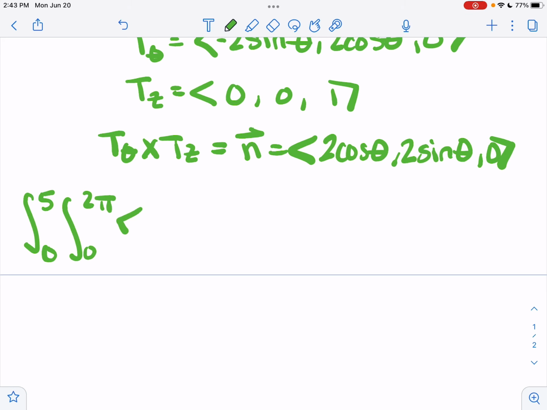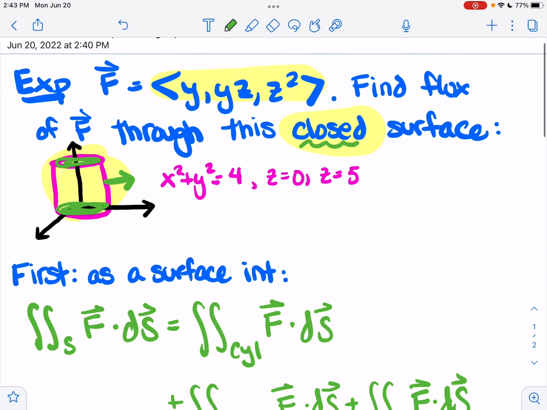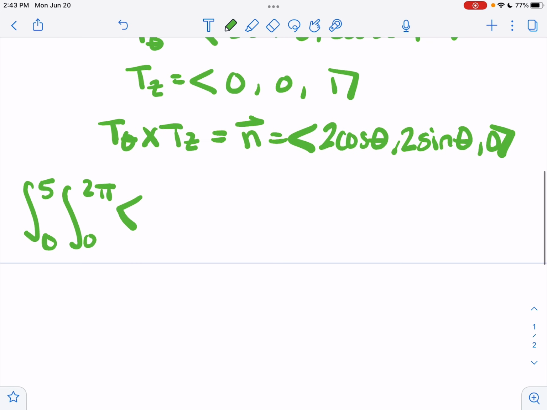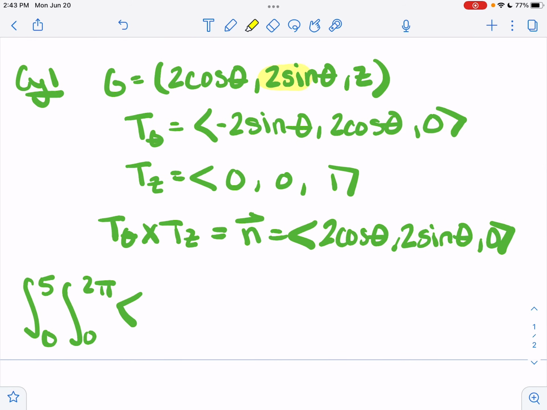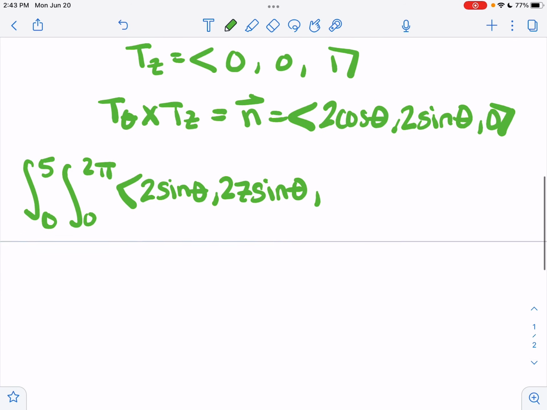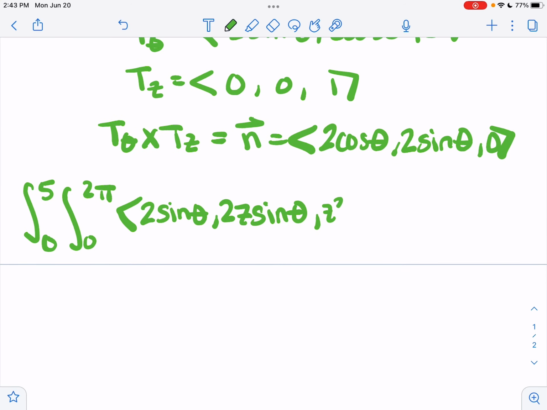The function we're integrating is y comma yz comma z squared. So y on our surface is 2 sine theta, yz is 2z sine theta, and then z squared, dotted with this normal vector, d theta dz.